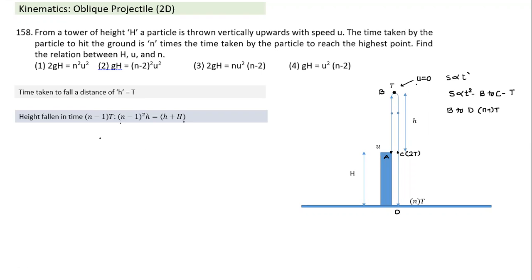So I could have written this equation also, if you want another way: B to D divided by B to C. Thus the displacement will be proportional to the corresponding square of the time. So B to D time is n minus 1 into t, whole square, and this will be proportional to t square. And what is BD? We substitute, that's what I've written, and we simplify, you very easily get your answer. Yes, sir. Got it.